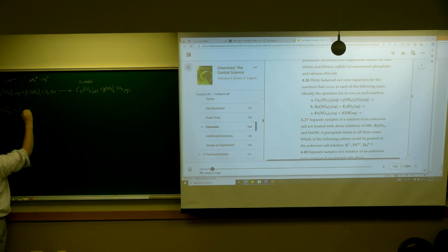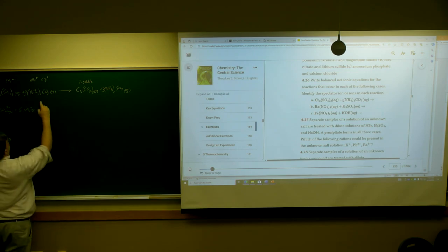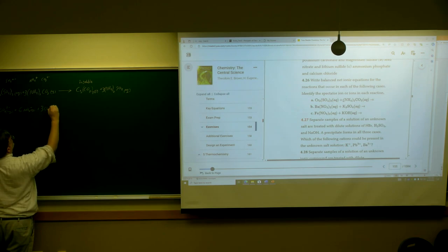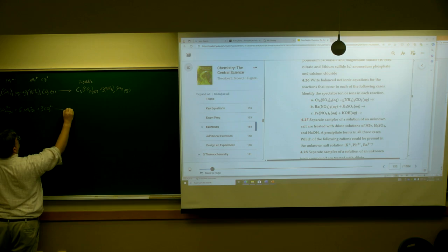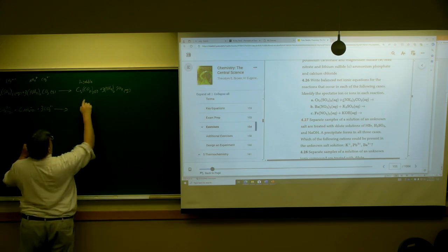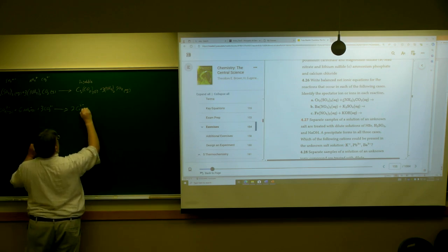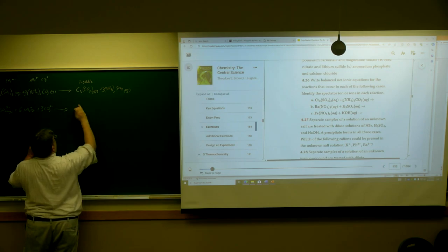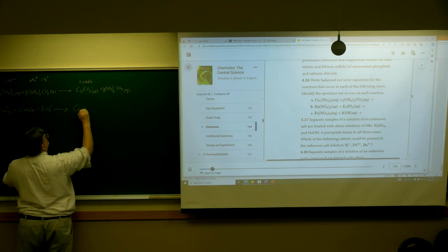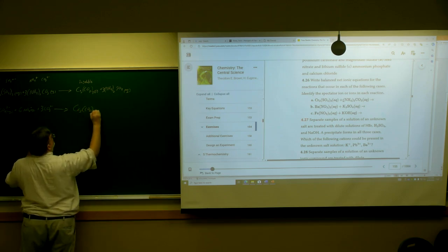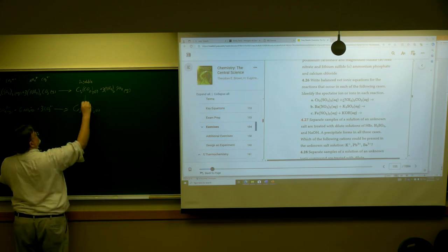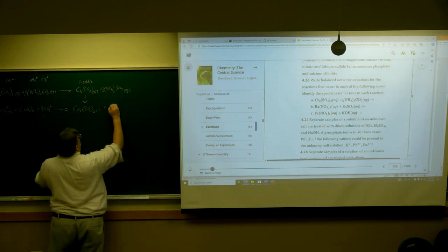There's 6 NH4s, aqueous. 2 times 3 is 6, and then there's 3. Okay, and this is 2 Cr plus aqueous. Oh no, because this is solid, we just bring it straight down like that. And then now we have 6.